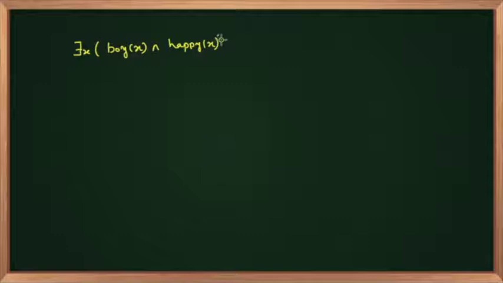right? So one thing we should know is that if I do 2 times negation, this will be the same statement. So let me do this. Take this negation inside. So that will be for all x, negation of boy of x and happy of x.